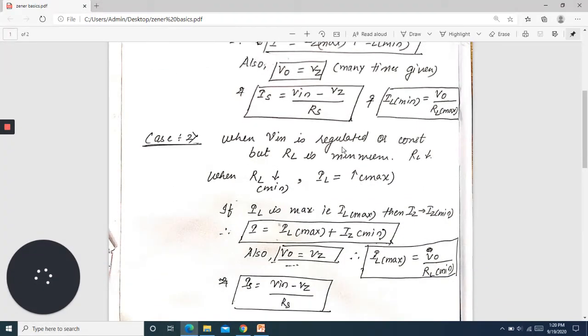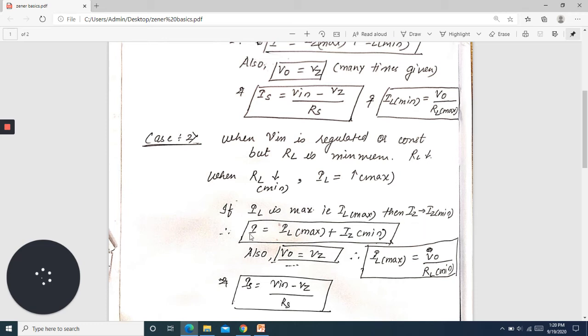This case is the reverse of what we discussed in the above case. So when RL is minimum, IL has to be maximum, and the minimum current will now flow through the Zener. As you can see, IZ turns to IZ minimum.